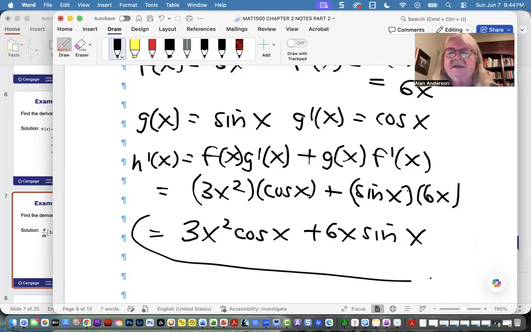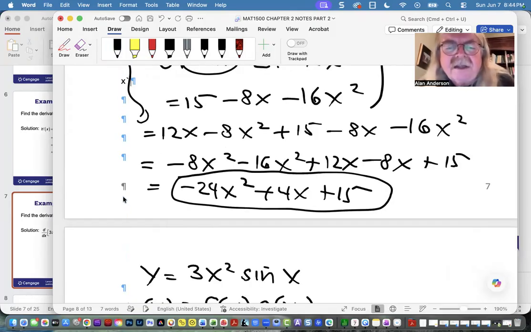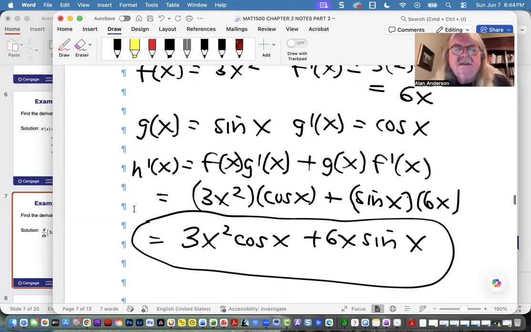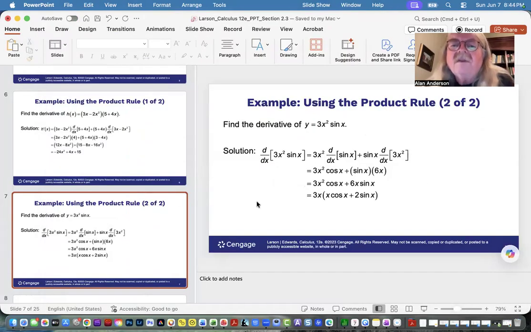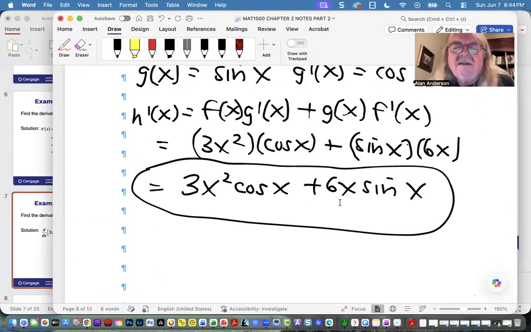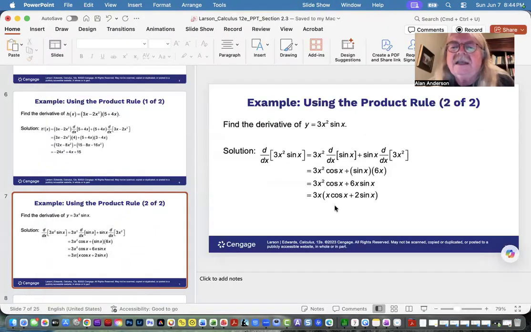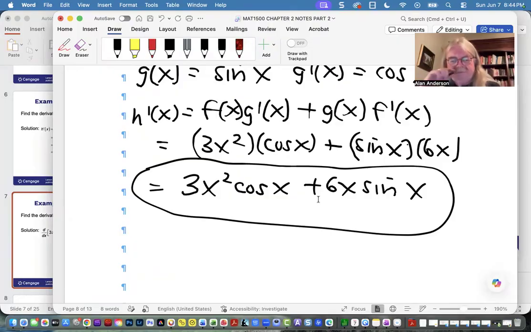Wow, that one wasn't that bad. All right, 3x squared cosine x. Oh, they factored it out. That's okay. Yeah, it's the same thing. All right, good.